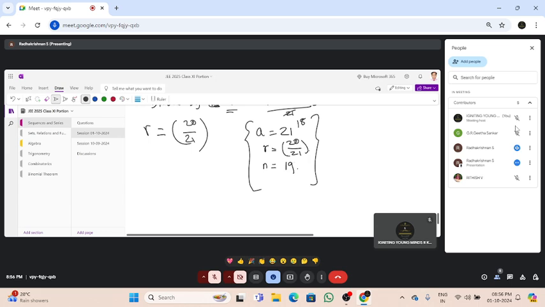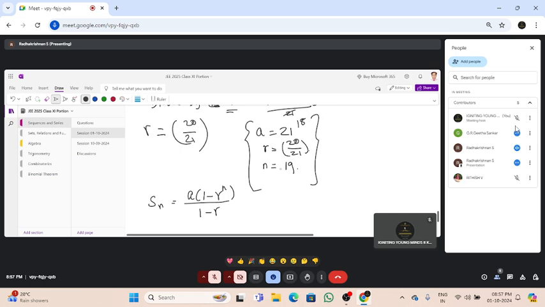So you simply apply the formula. What is the formula for GP? Sn equal to A into R power n minus 1 by R minus 1. Here R is less than 1, so we can write A into 1 minus R power n by 1 minus R. When R is greater than 1, we put it as R power n minus 1 by R minus 1.